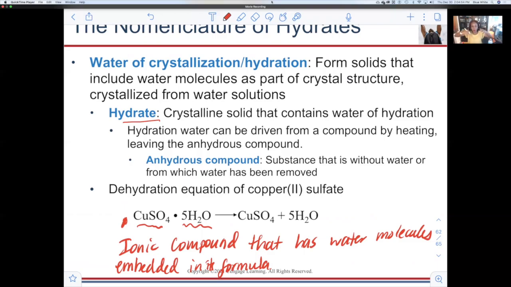Atoms are like cells to the compound. So the 5 waters is like additional cells that got added during the formation of the compound.